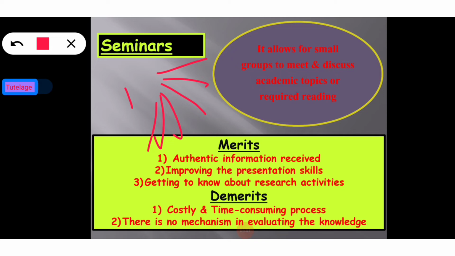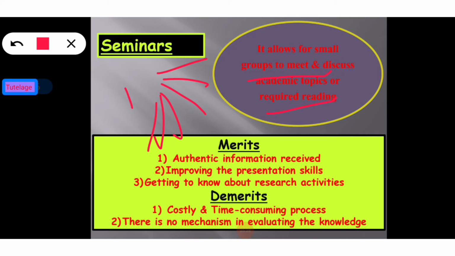Seminars are basically organized in almost all educational institutes every year. So that's why seminar is one of the most popular words to us. Basically it allows small groups to meet and discuss some academic topics or required reading. Clear?